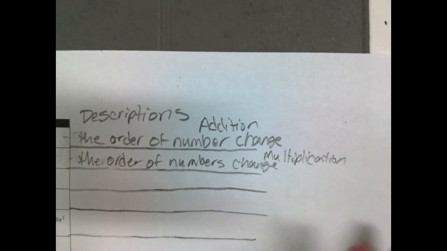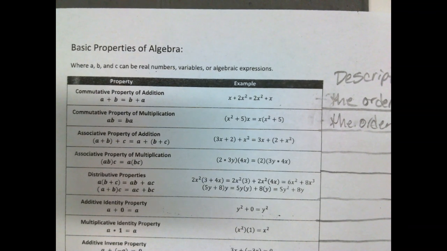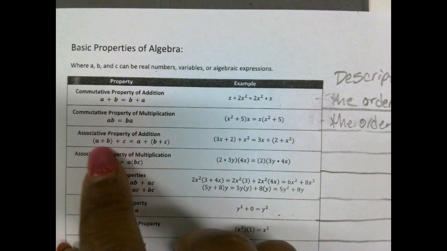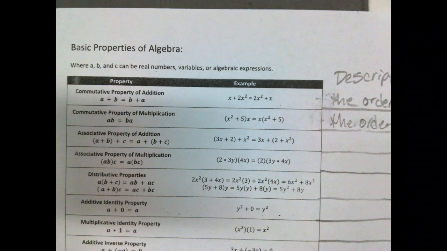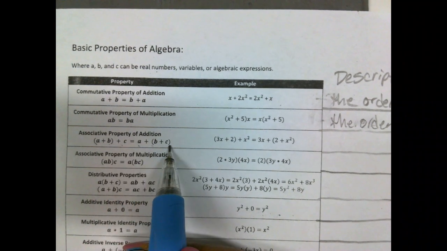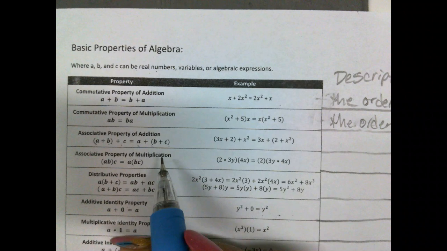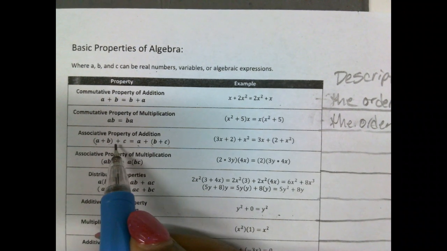All right. Associative. What does associative property look like? They've got associative property of addition, so you already know they're going to be using addition. But what's the difference from one side to the other? Did the order change? Is it A, B, C change? Is the order the same? A, B, C, A, B, C. The order didn't change. But what did change? The parentheses. So the grouping changed.